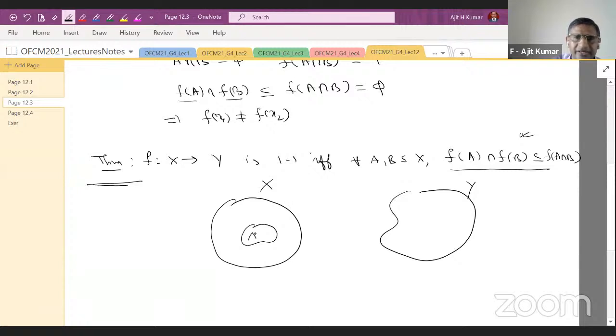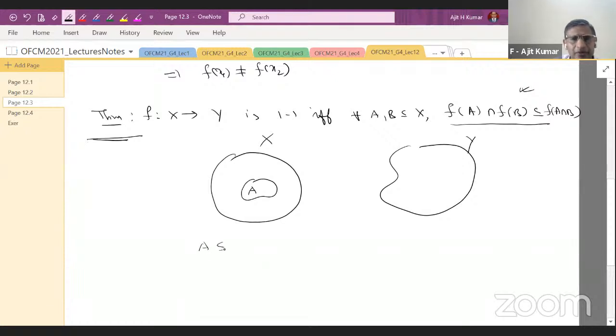Let us say I have a set A. The moment I have a subset A of X, I can look at its complement, which is X minus A. Here also, suppose this is my f of A. We can look at the complement of this.